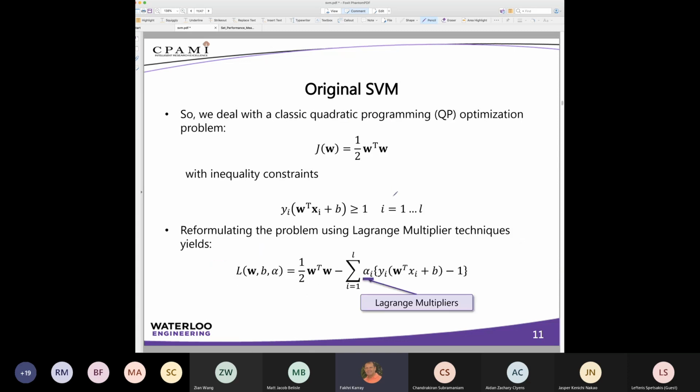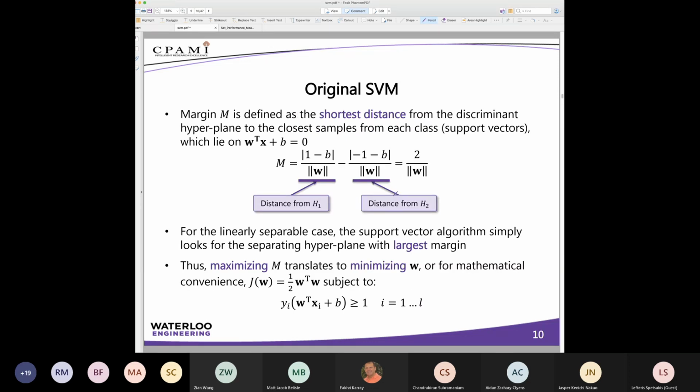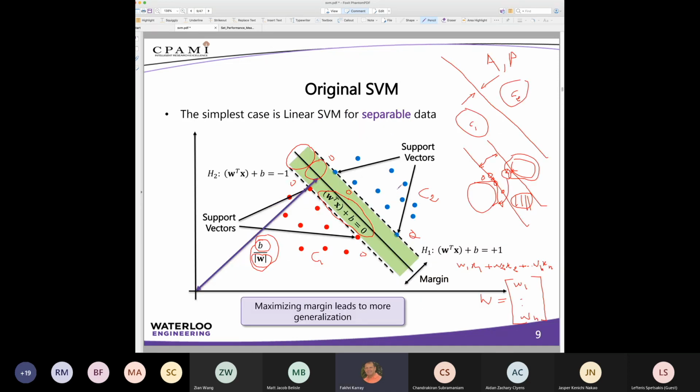Why do we have that? Remember that this is the value of omega transpose x plus b equal to 0. This particular line, or curve, is given by omega transpose x plus b equal to minus 1. And this one here, H1, is given by omega transpose x plus b equal to plus 1. So here we have b divided by omega at the center.